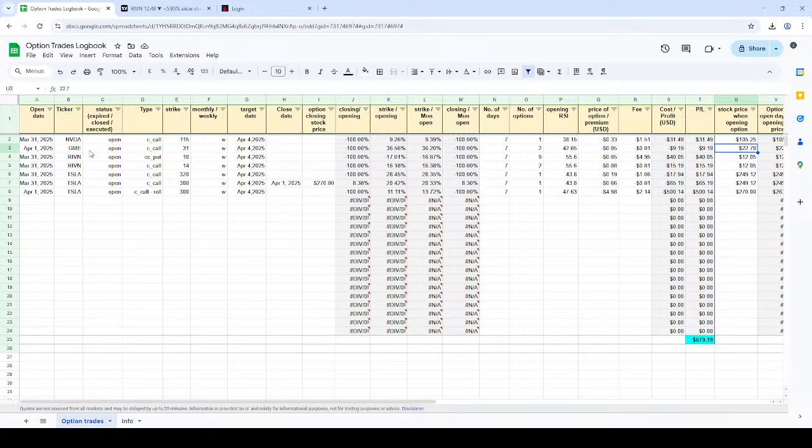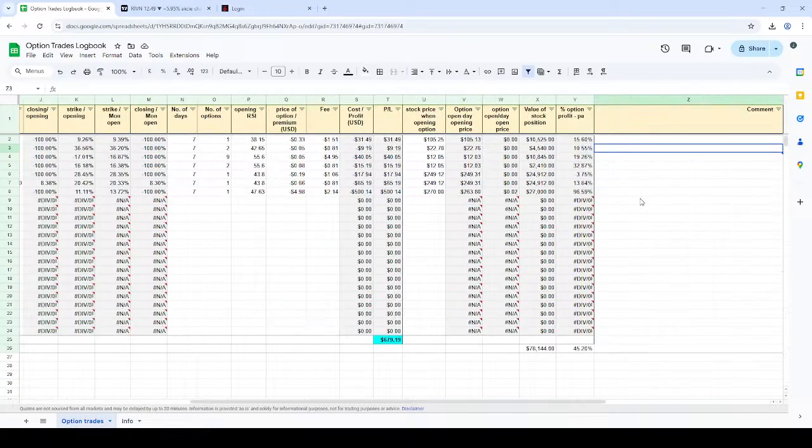Because GameStop is quite volatile, and $31 is the minimum I want to sell this stock at, the premium was quite low. It was only 5 cents per one stock. Overall, the return on my capital was 10% per year.